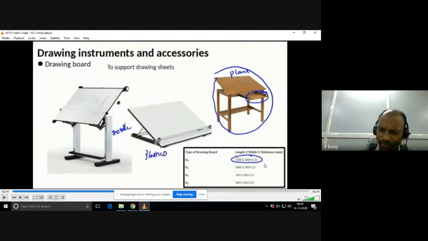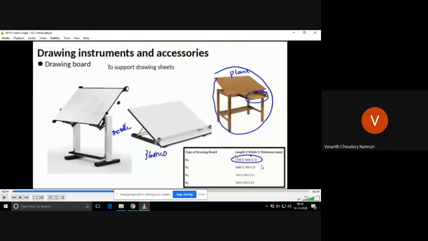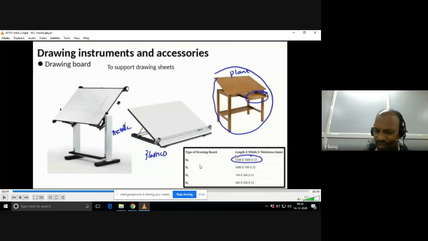What is the biggest sheet size? A0. So remember easily, D0 can be used for A0. D1, some 1000 by 700 by 25 mm thickness board can be accommodated with the A1 drawing sheet.